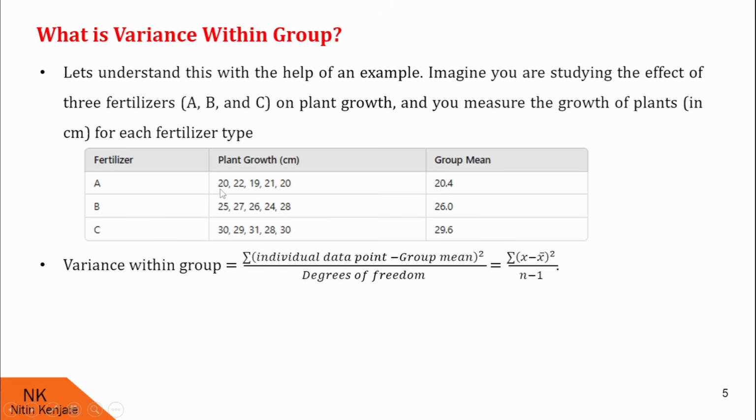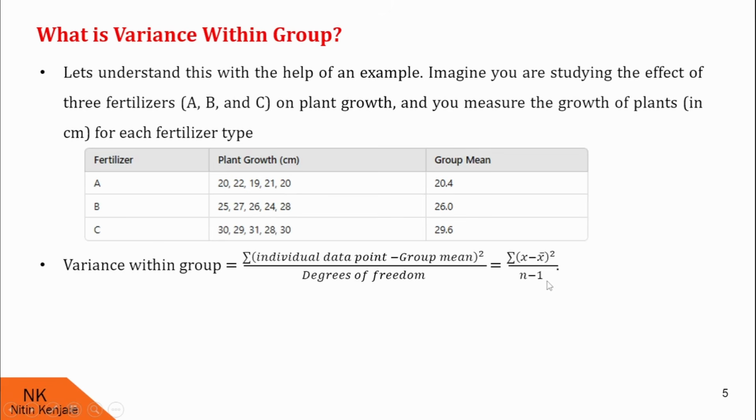For example, it will be 20 minus 20.4 the whole square plus, due to this summation, 22 minus 20.4 the whole square plus 19 minus 20.4 the whole square plus 21 minus 20.4 the whole square plus 20 minus 20.4 the whole square, whole divided by degrees of freedom.